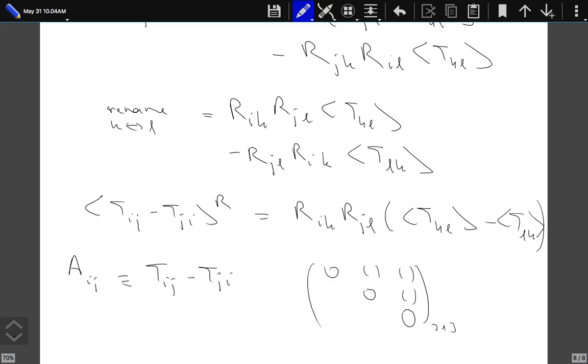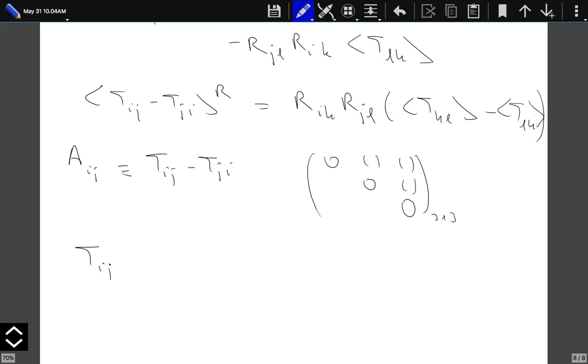In fact, I can also write this Tij minus Tji as epsilon ijk Vk, V being some vector operator. So a vector has 3 components, and this Aij has 3 components.